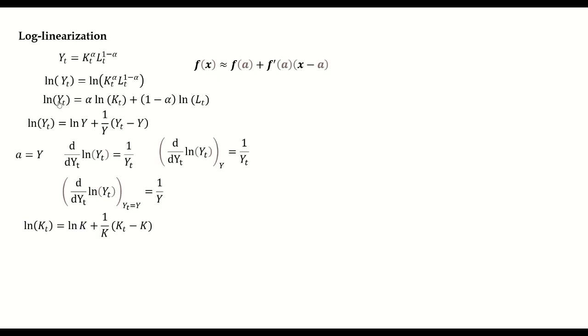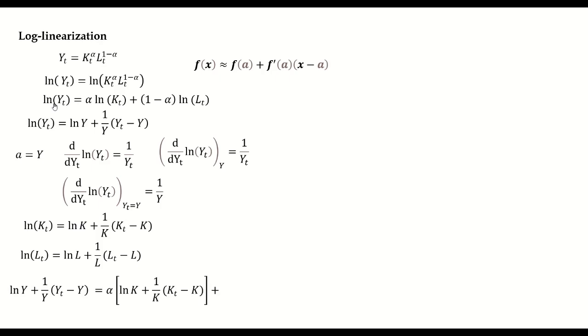We will do the same process for log of kt and for log of lt, and we will have the same kind of expansion. So the first step was to take the log, the second step was to do the first order Taylor expansion, and then we will substitute those into the expression that we had at the start. Instead of log of yt, we will write this expression.